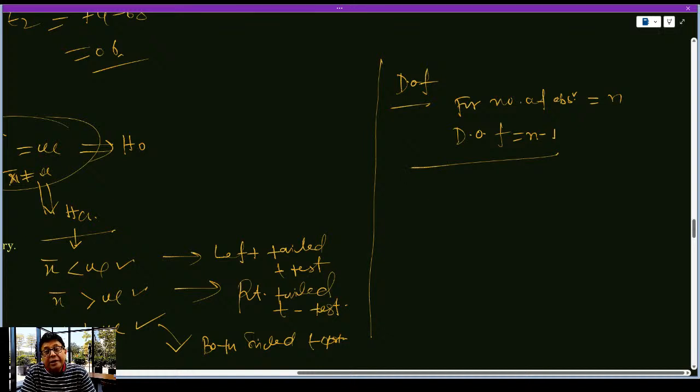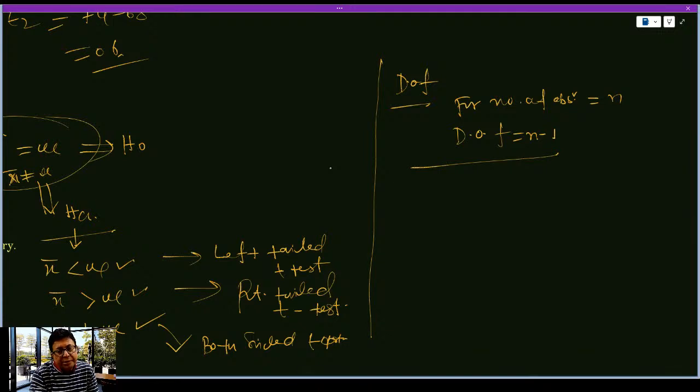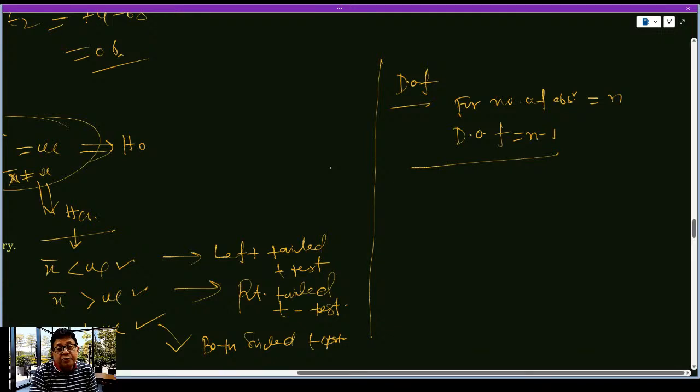Suppose in your class 39 students are there. Out of these 39 students, when you are entering the class, suppose you are the last person. The first one had seated over there. For him, how many choices were there? All 39 choices, 39 benches are there, 39 chairs are there. Okay?